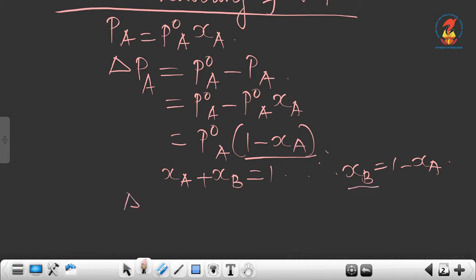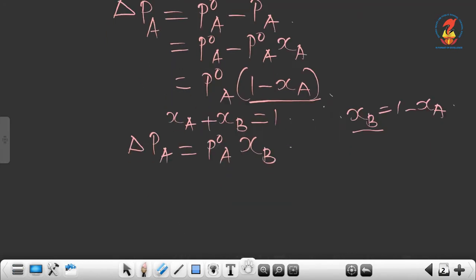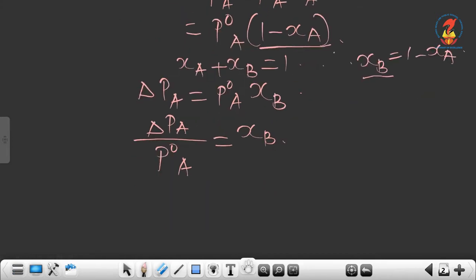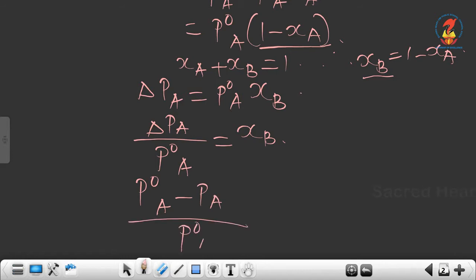You can see delta PA is equal to P naught A into XB, or delta PA divided by P naught A is equal to XB, or P naught A minus PA divided by P naught A is equal to XB.